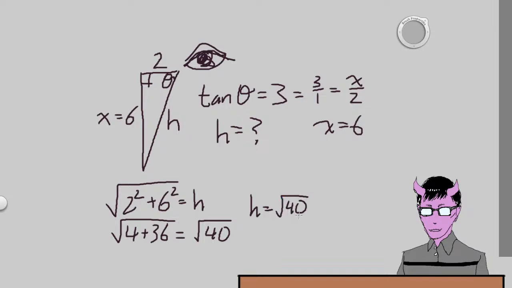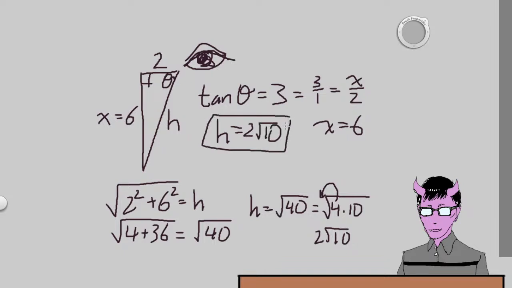But this is simplifiable. You should simplify it if you can. That just consists of 4 times 10 in the radical. We can take the square root of the 4. So it becomes 2 root 10. And that'll be the final answer. 2 root 10. And then we're done with this particular problem.